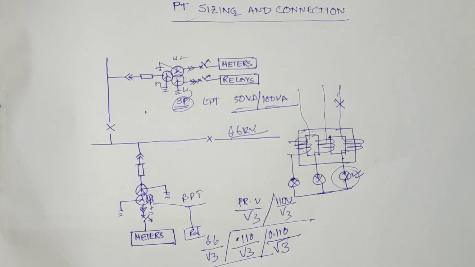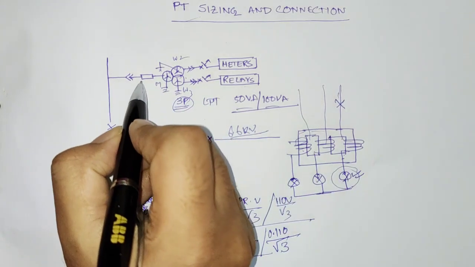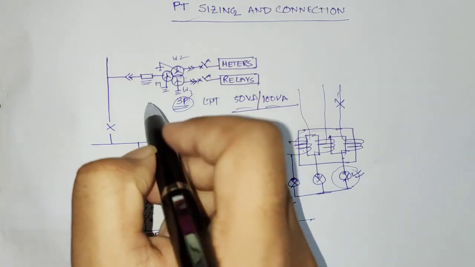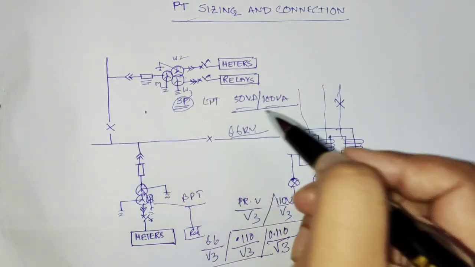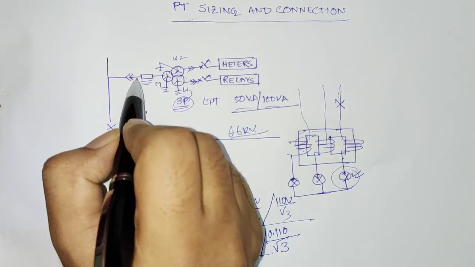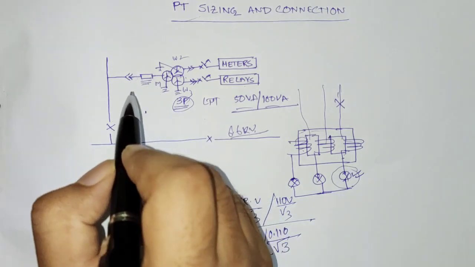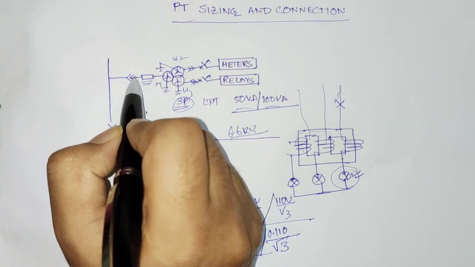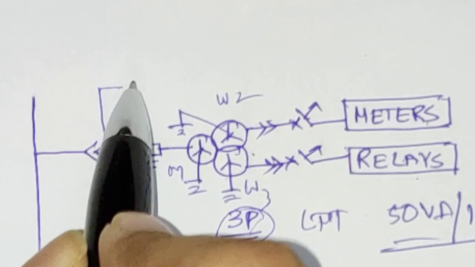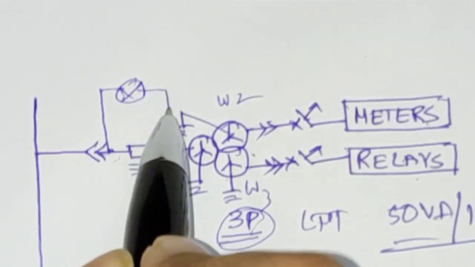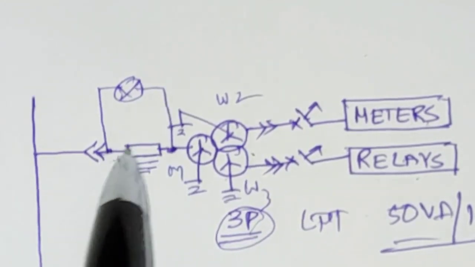Now another thing you need to know is that this PT fuse has an important part. This PT fuse protects the PT from any external fault. Now to know whether this fuse is okay or has got any fault, often PT fuse failure protection relays are kept. Here there is a relay coil kept across the PT fuse.